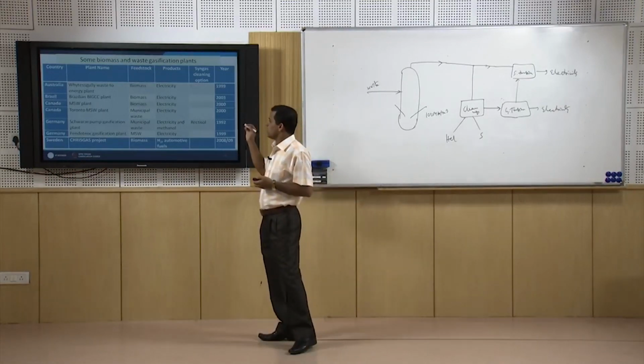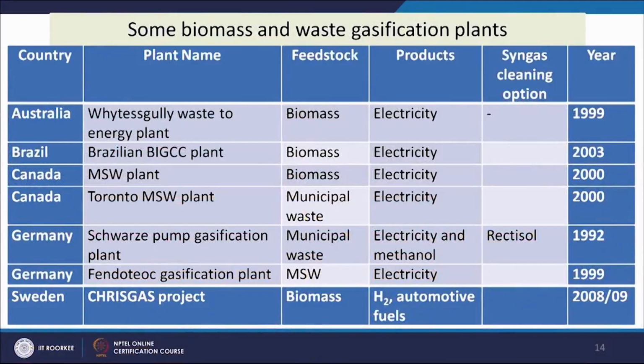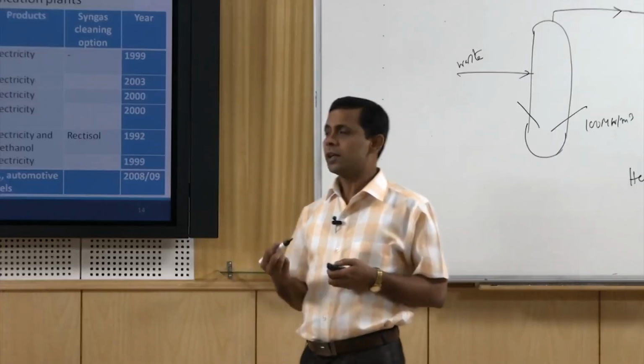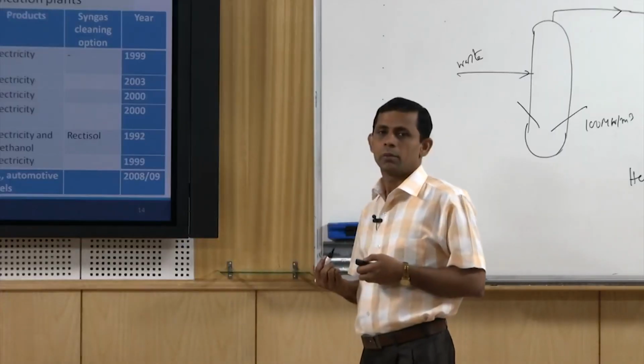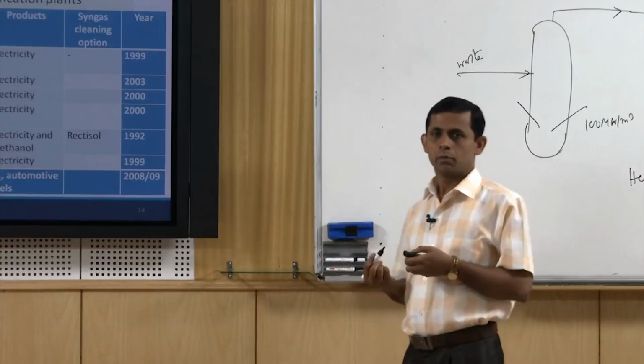That is why we are not getting any other applications except one or two. But recently development is going on on how to improve the economy of the process by using compact reactors, and in that case biomass and waste gasification will be more suitable.